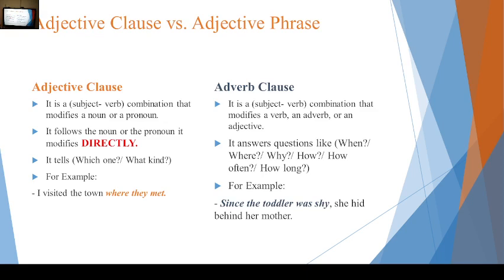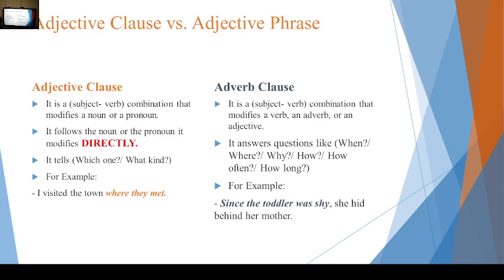Now for the adverb clause, it is a subject-verb combination that modifies a verb, an adverb, or an adjective. Okay, so again, you have a subject and you have a verb, and they modify a verb, an adverb, or an adjective. It answers questions like when, where, why, how often, how long.